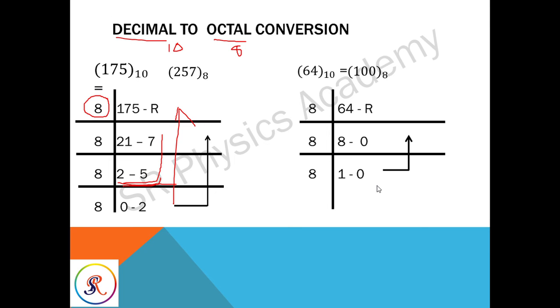So lower to up, 1 0 0. Clear? In these two cases, remember, we divided by the factor 8 because we are converting decimal to octal. After that dividing, we will get these values.